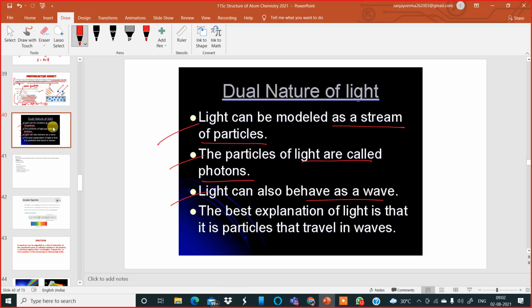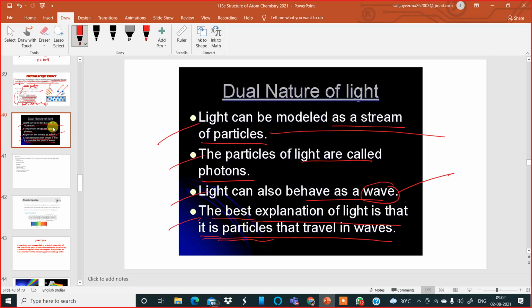Light can also behave as a wave. So light behaves as a wave, and it behaves as a particle also. The best explanation of light is that it is a particle that travels in waves. So the dual nature of light can be understood and memorized by this last sentence.